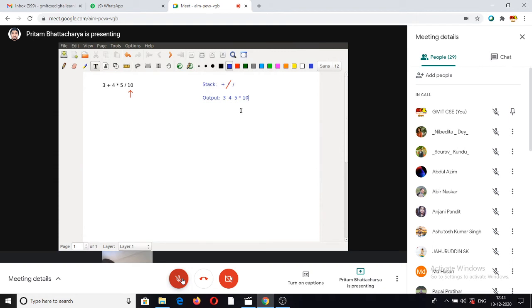Okay, now you have reached the end of the input, but in order to complete the postfix expression, you need to look at what is still lying in the stack. So in this case, you first have a division, so you just pop from the stack in reverse order.